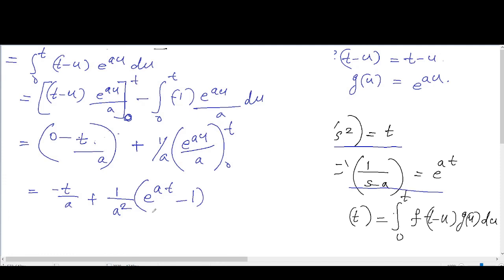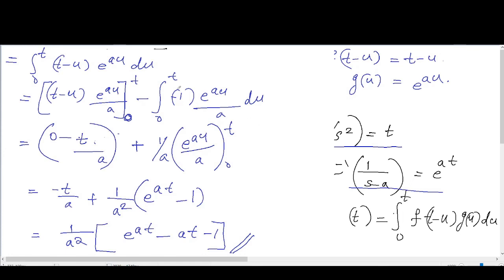E raised to 0 is 1. So the answer is 1 by a square into e raised to at minus 1. So this is the answer to the given question.